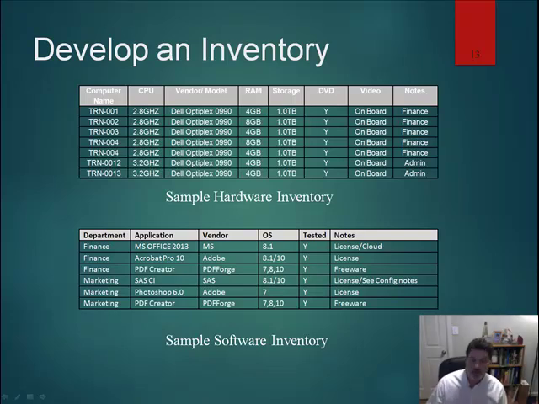We're also going to want a list of all of the software that's in the network that's being used. Make some determinations about whether or not that software will actually be applied to the new operating system, whether it will need to be upgraded, or whether we're going to have to find another software solution to accommodate the upgrade.